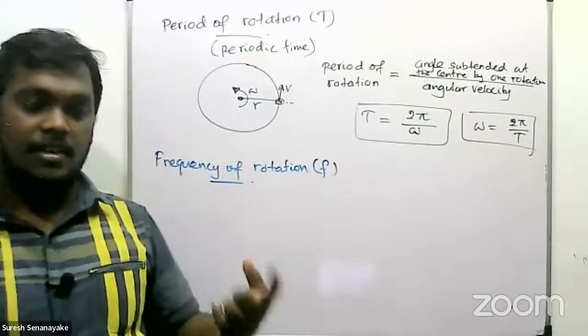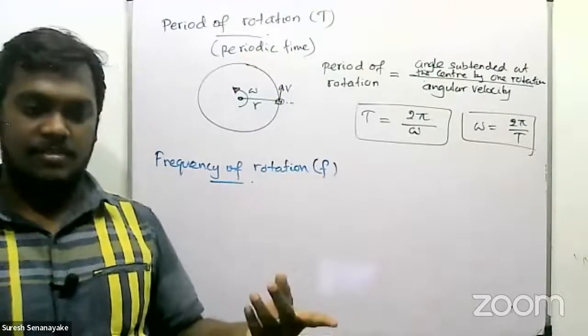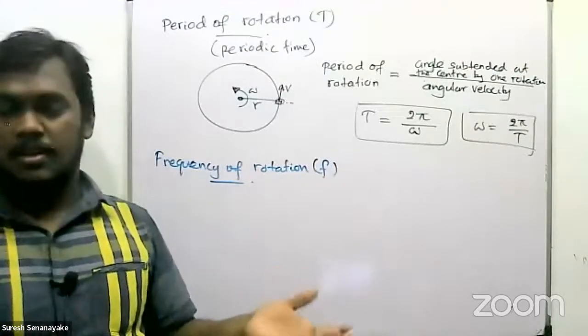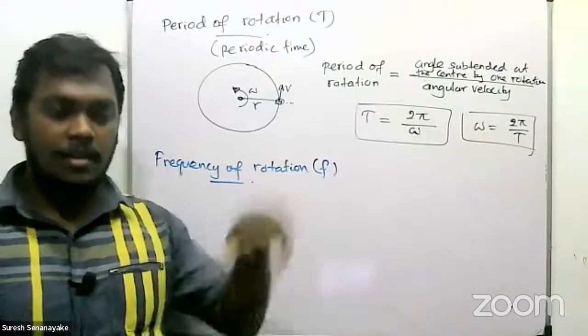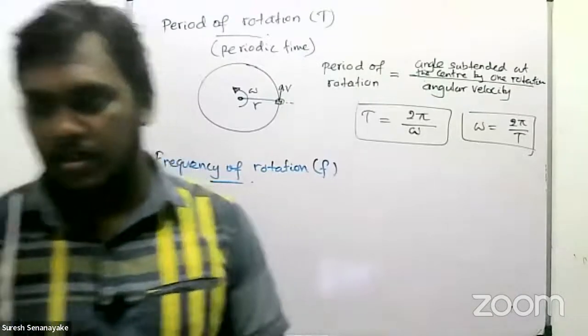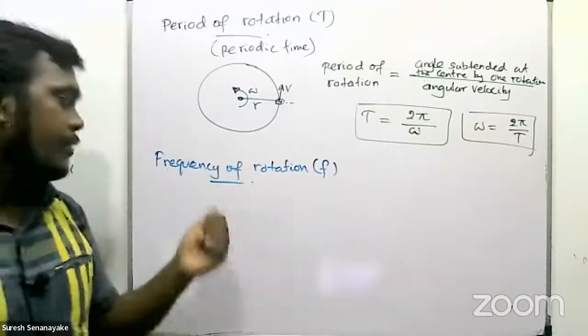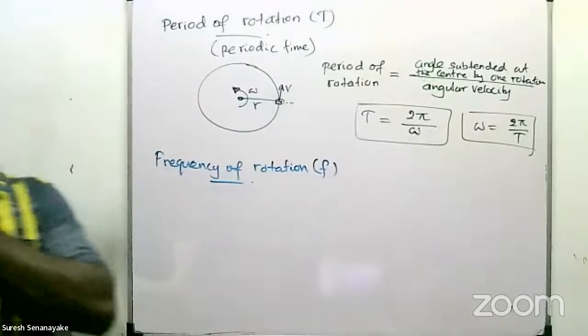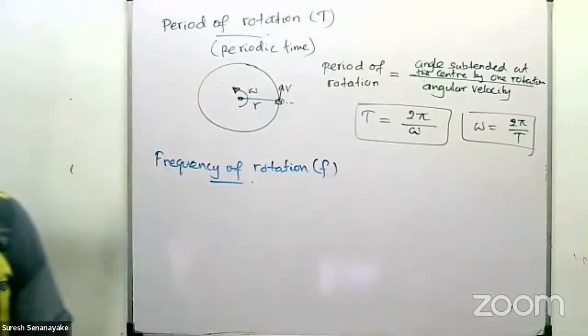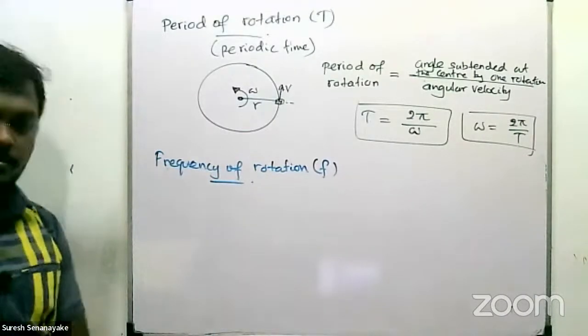The time period is the time taken for one rotation; the frequency is how many rotations occur per 1 second.